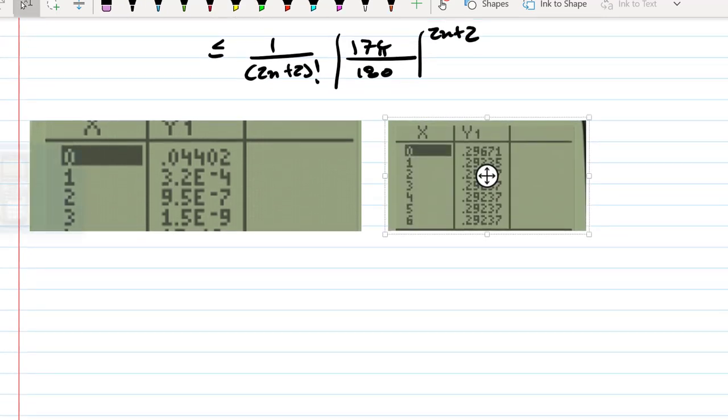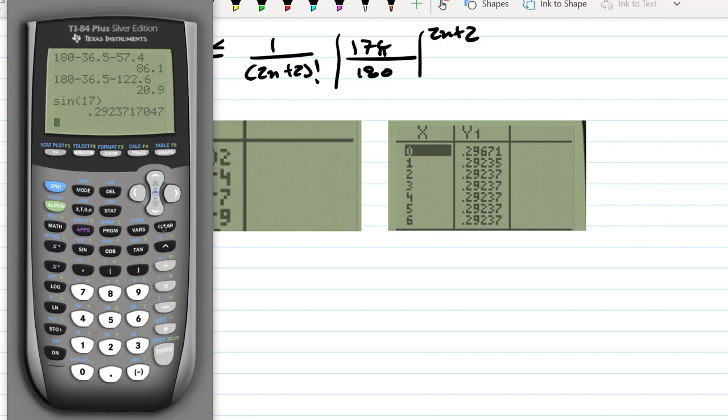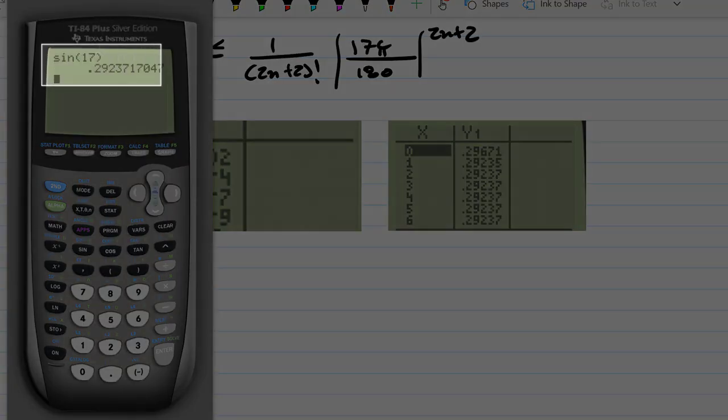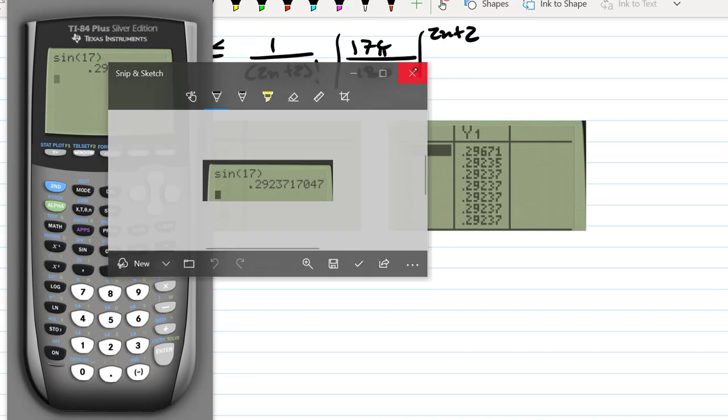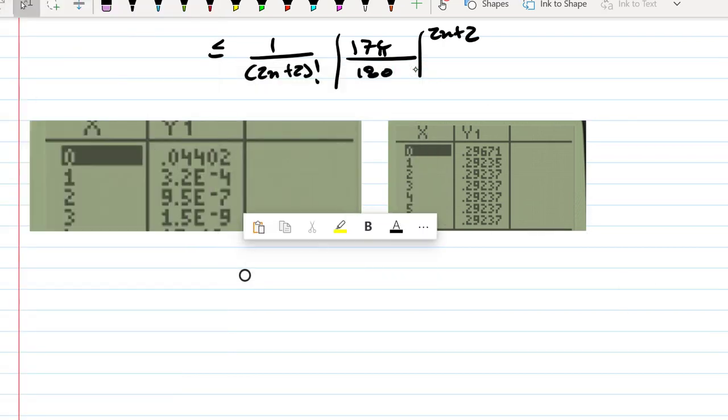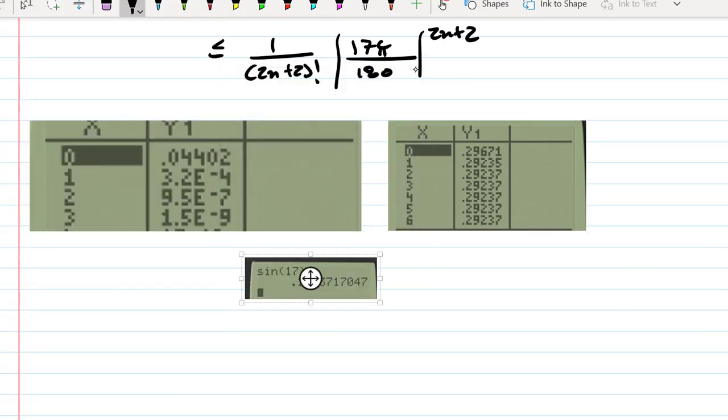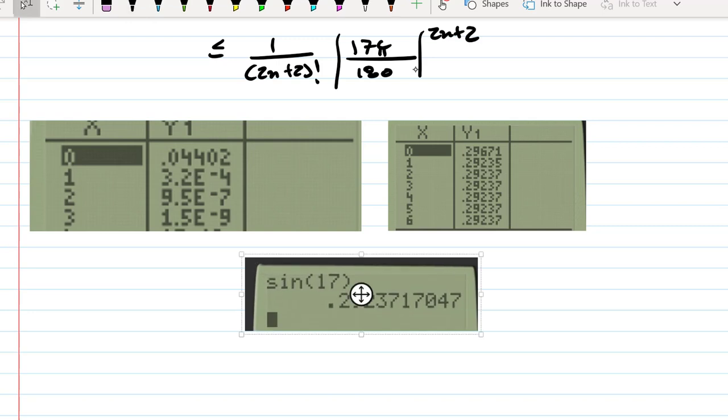goes down pretty quickly. And just to verify, let's go ahead and calculate the sine of 17 degrees so that we have the exact value, or not the exact value, but a decimal approximation. And we'll notice we were trying to find this accurate to 6 decimal places. And we notice that our error after 2 is to the negative 7th.